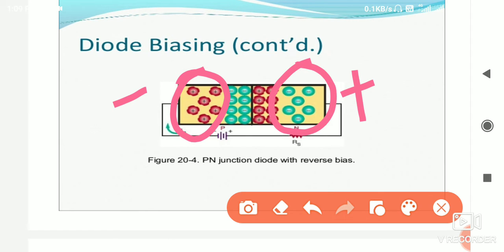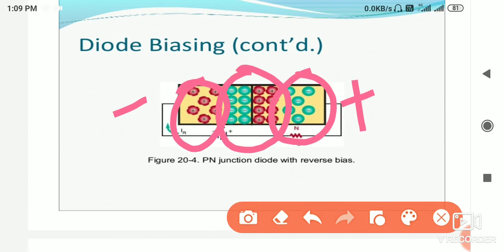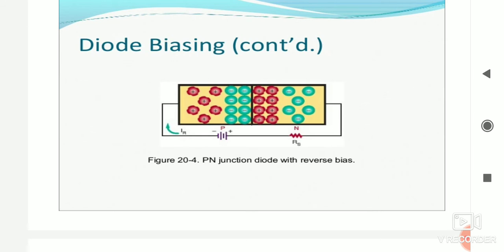So there is a lot more accumulation of charge here, and that is why the depletion layer is larger compared to forward biasing. This is the concept behind why in forward bias the depletion layer is thin compared to reverse biasing.